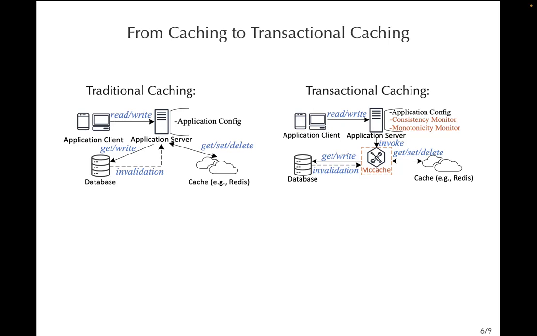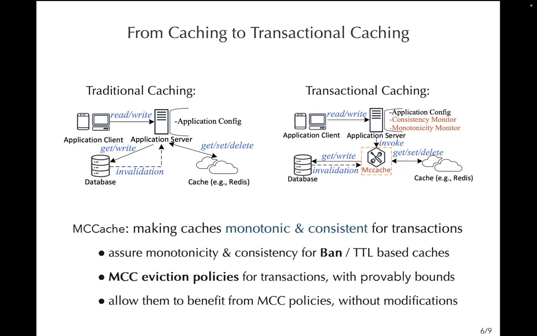It also provides cleverly designed monotonic consistent cache policies, and these policies can be used by the underlying cache systems such as Redis, so that they can enjoy better performance with provable guarantees. And moreover, all these benefits come without the need for any modification.